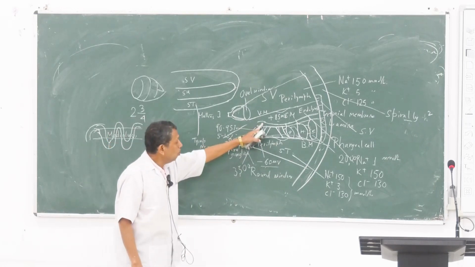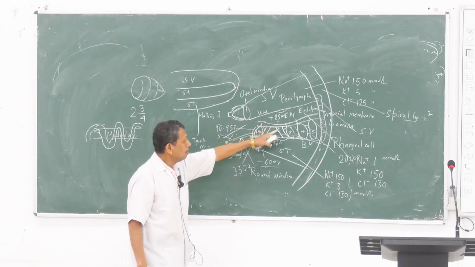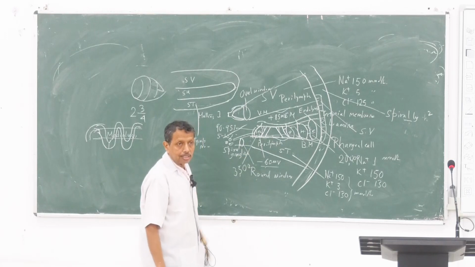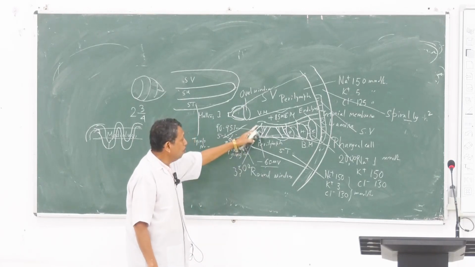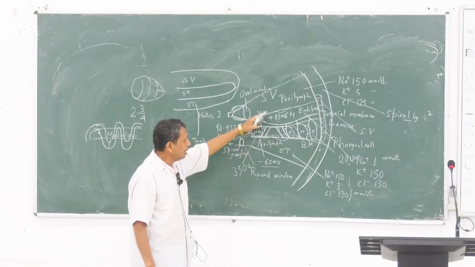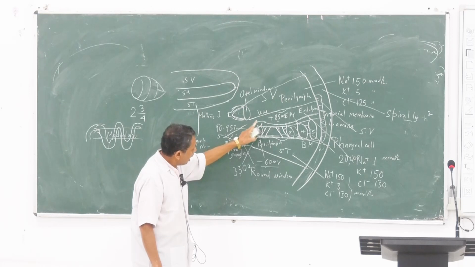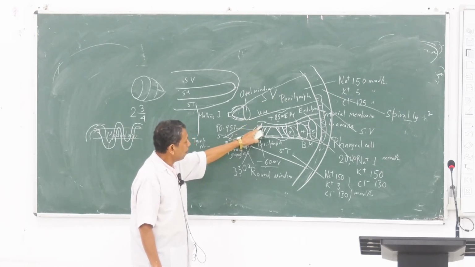There is no direct connection between the tectorial membrane and these inner hair cells, and there is movement of fluid. Whenever there is movement of the basilar membrane, the fluid has an effect upon the movement of the hairs of the inner hair cells.